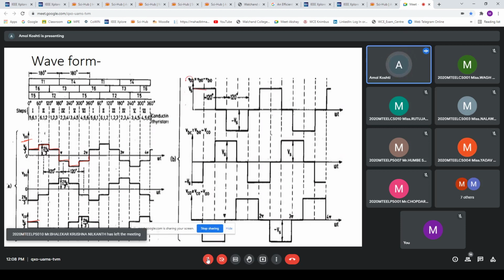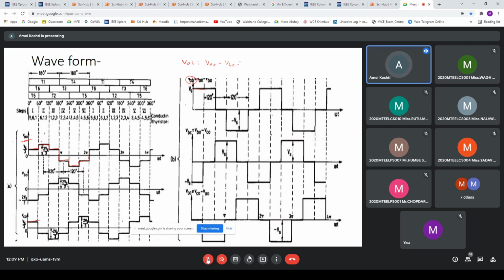Here VA with respect to B means VAO minus VBO. The formula is written here: VAB is equal to VAO minus VBO.